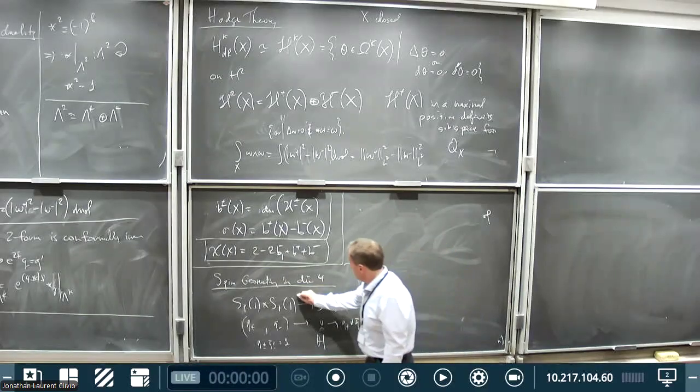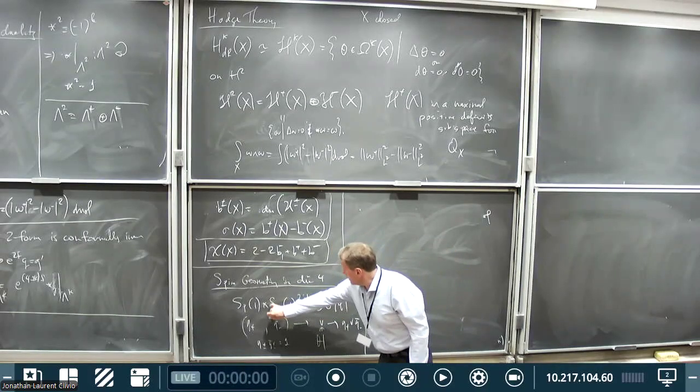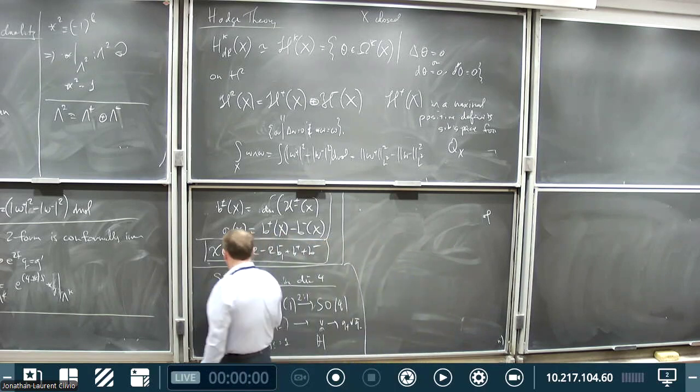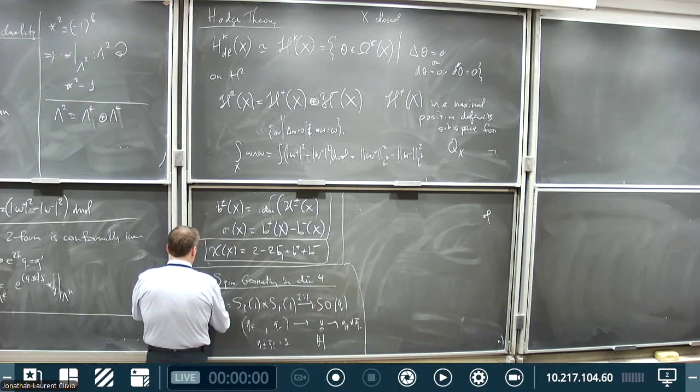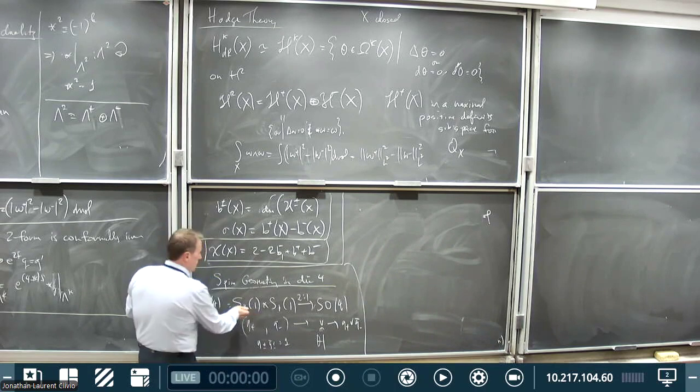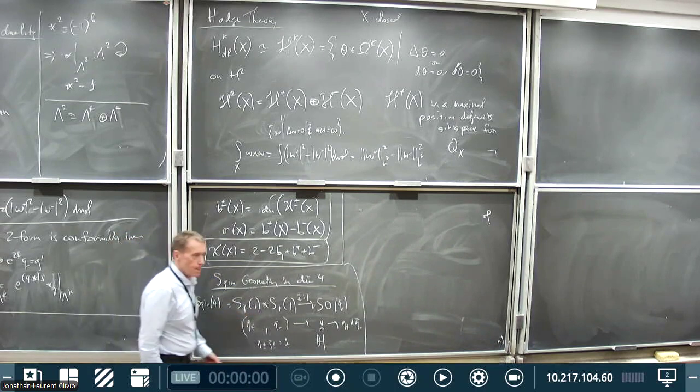And this was a 2-to-1 map, and it gives you an explicit construction of the universal cover of SO(4), Spin(4).